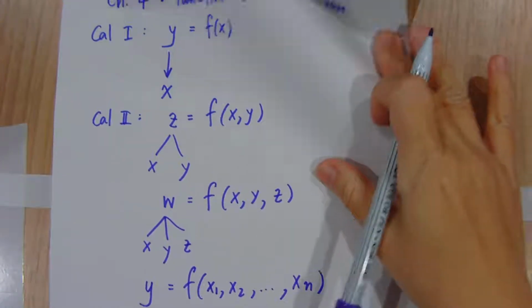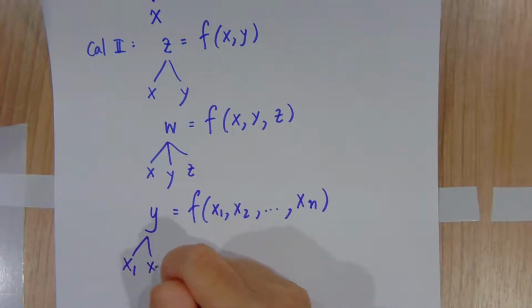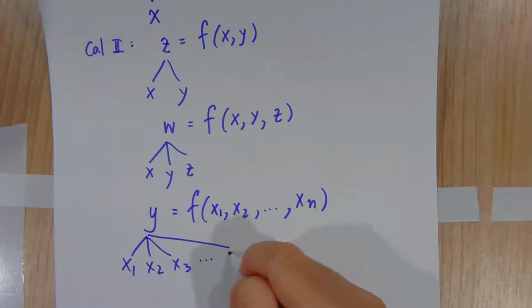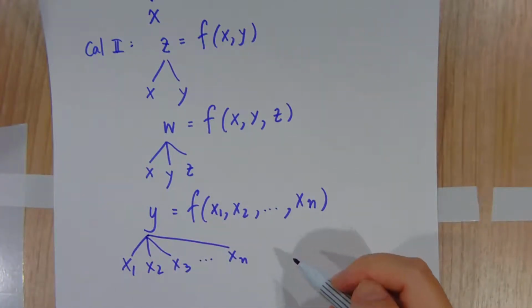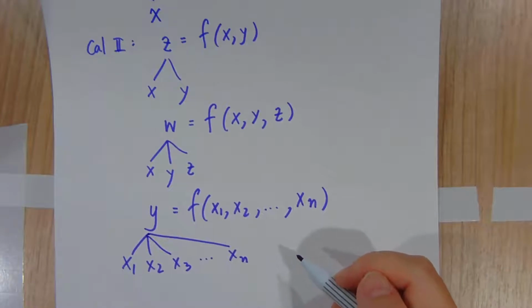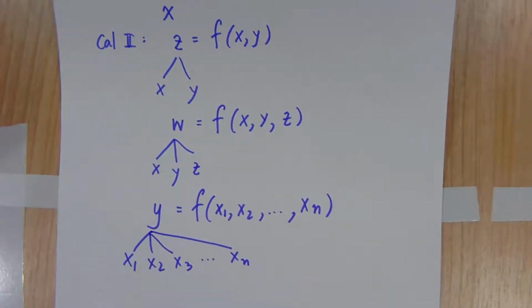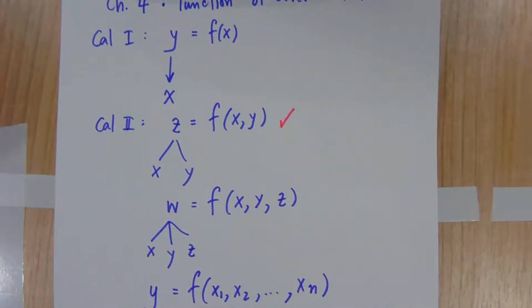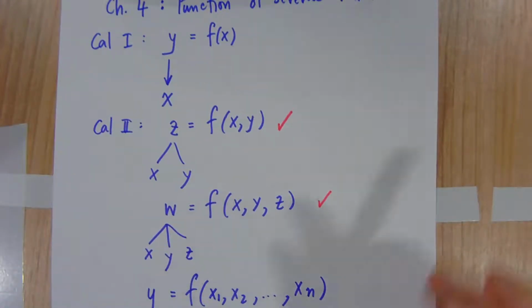That means that y depends on x1, x2, x3, until xn, that means depends on n variables. But normally, in this chapter, they're interested in functions of double variables, okay? And sometimes we can talk about triple variables, okay?